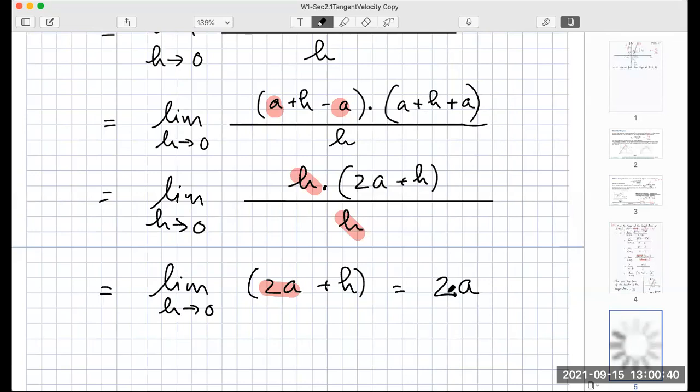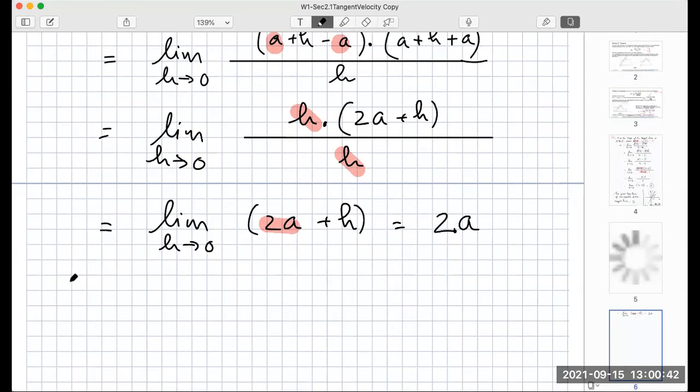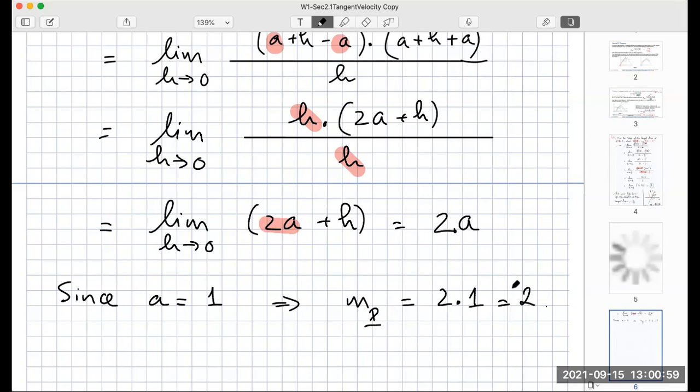And in this specific case, a is equal to 1, then m at P, let us call it m_P, is equal to 2 times 1, and it is 2. The same result as the previous one. Did I say it? Yes. Why does h cancel out? Good question. Can anybody help me?